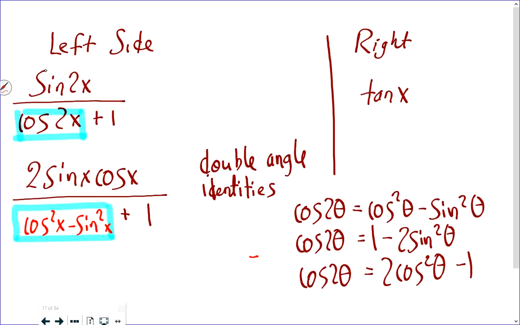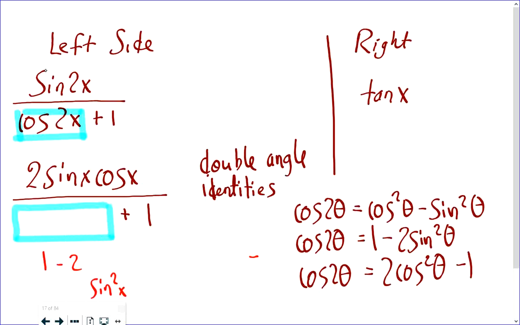On the other hand, if I were to do this, I'm going to end up with 1 plus 1, which is 2, 2 minus 2 sine squared. There's some things you could do with that, but it's more complicated.